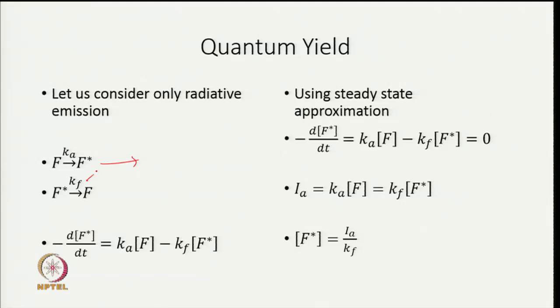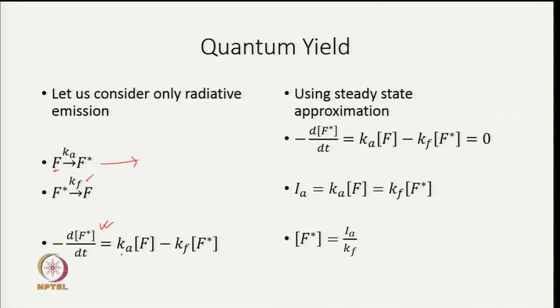As we write the kinetic equation, we will write it for the excited state. So, this is the rate of change of the excited state F star. So, d F star by dt will be given by K A into F, which is plus, minus K f into F star.